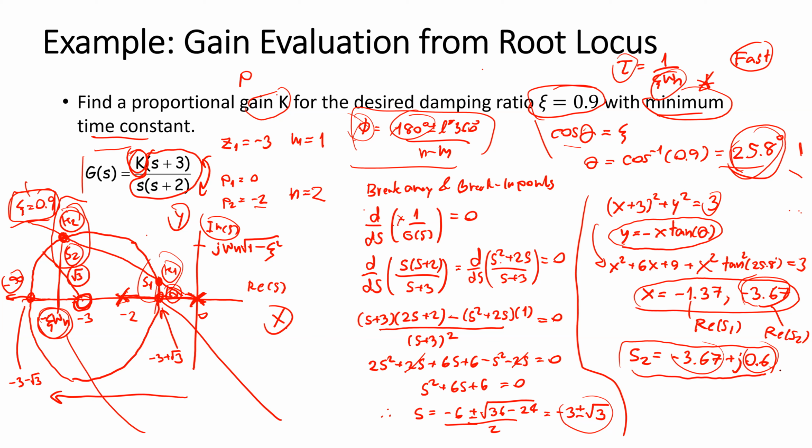The last step we need to do is the gain K. If we need to find the gain K, the gain K is 1 per magnitude G of S0. And S0 means this one, the S2.